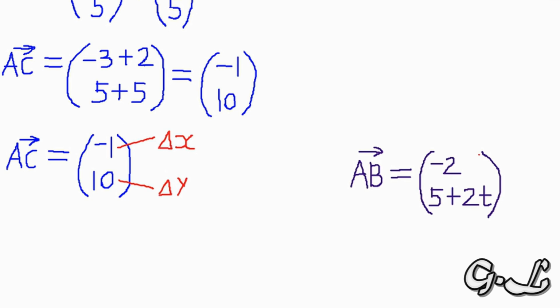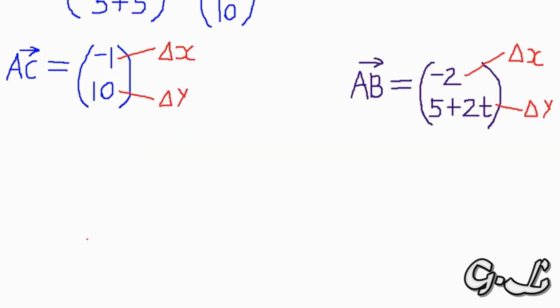And when you see the term which is down, in such a case 10, that is the change in y. This even applies with the direction vector AB. So negative 2 is the change in x, and 5 plus 2t is the change in y.